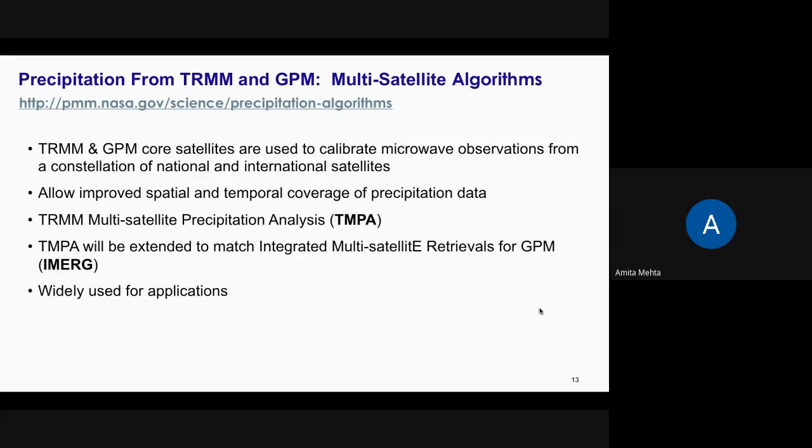So we'll focus a little more on precipitation because it is so important. What I'm going to do now is talk about specific data sets that can be used. Have you used TRMM or GPM precipitation data? Anyone?